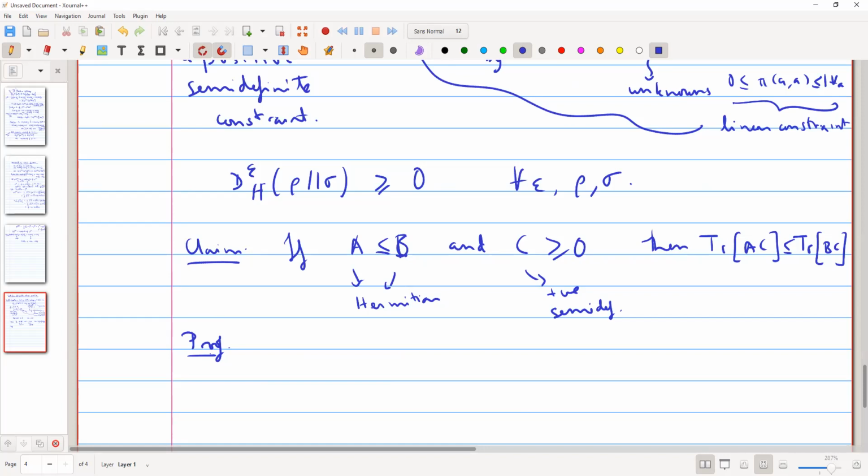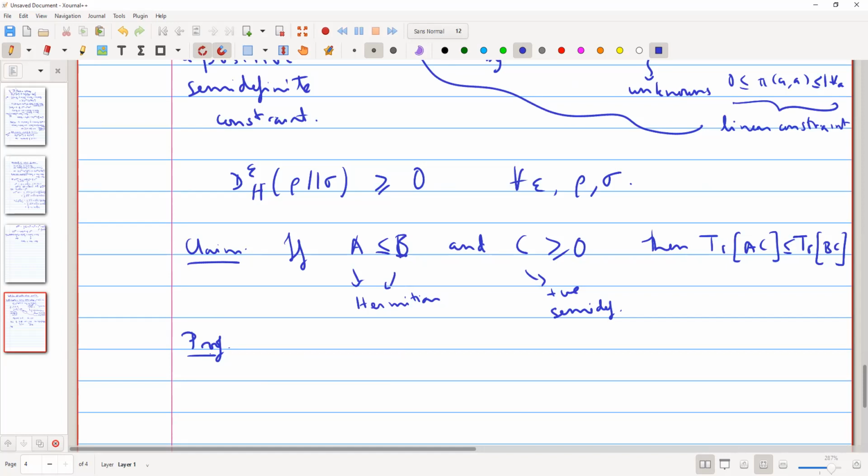So this is just saying AC is less than or equal to BC. If real number A is less than real number B and real number C is greater than 0, then AC is less than BC. It's an absolutely trivial statement for the 1 by 1 case. But when I go to n by n, I have to prove this. Is this clear, Hari?